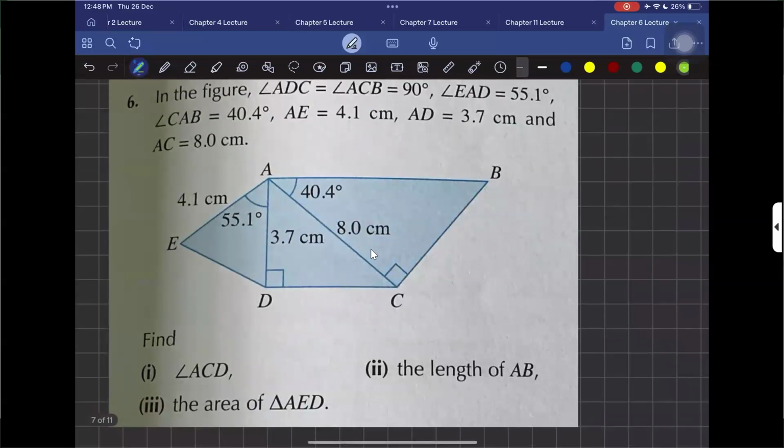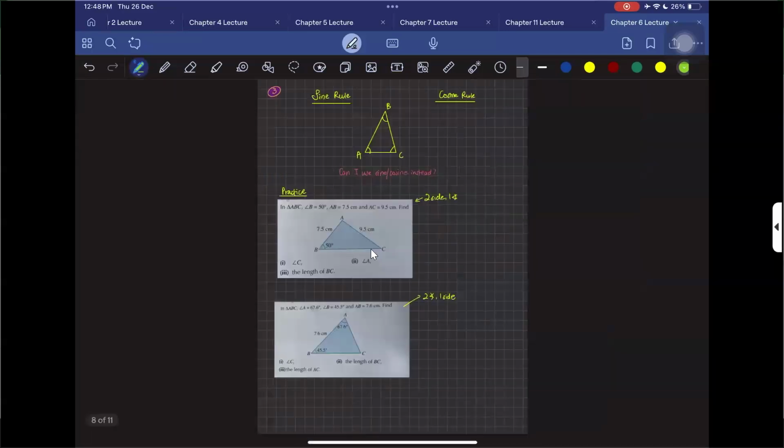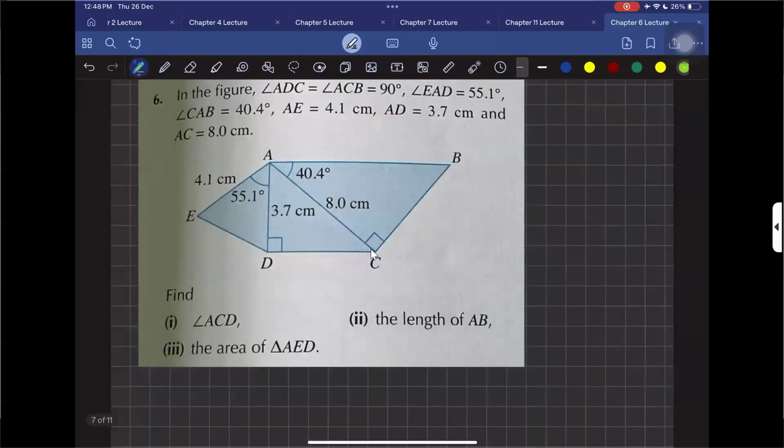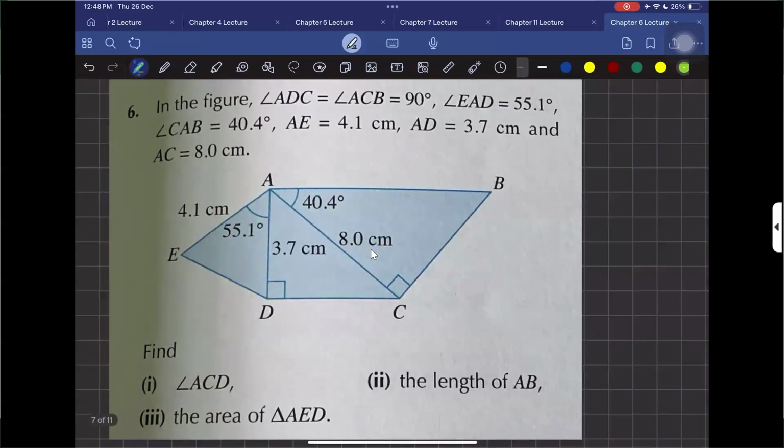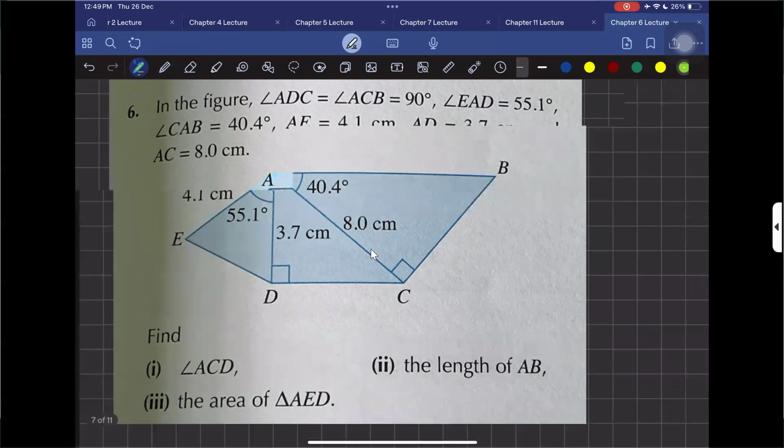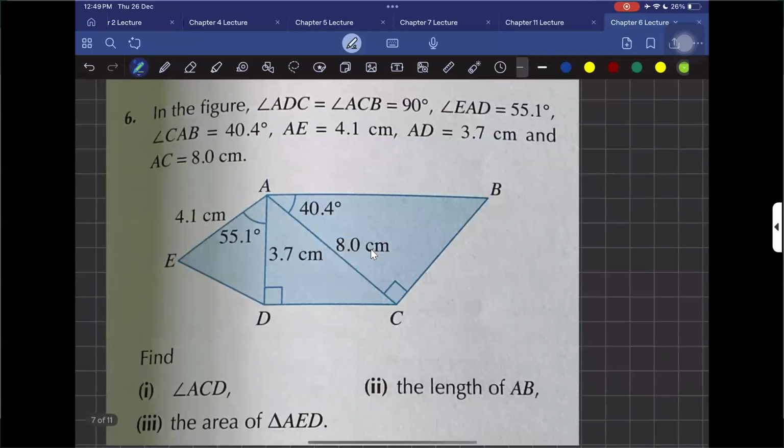Before we move on again, pause the video and try out this question. Okay, so now let's try this question. The question gives you all these different values. I'm not going to read them, you can read it yourself. You're told to find angle ACD.